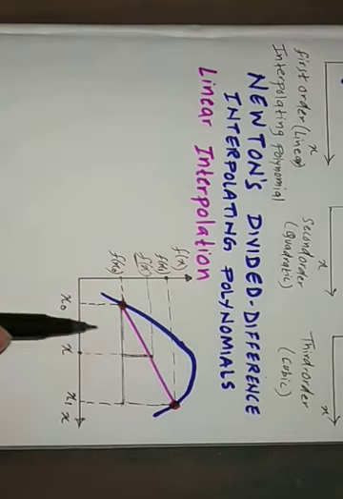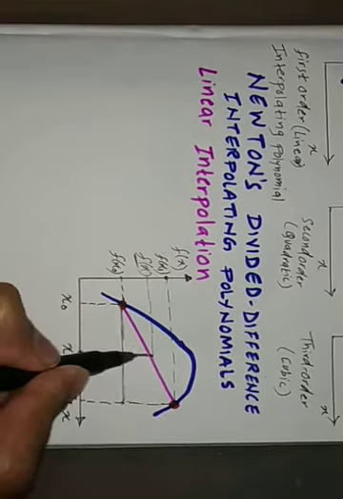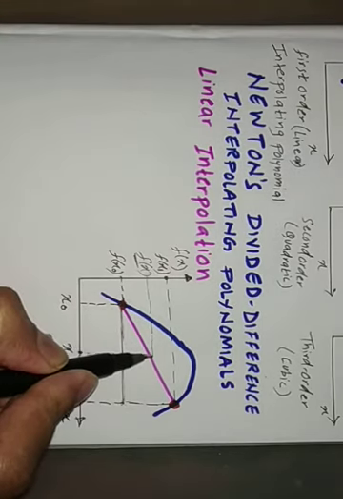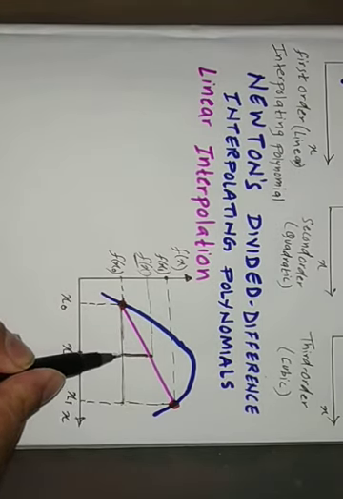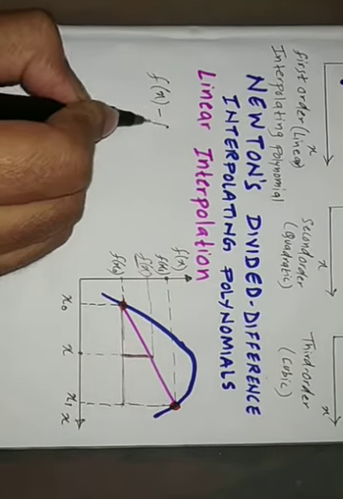So using similar triangles, the height of this smaller triangle is f of x minus f of x0.